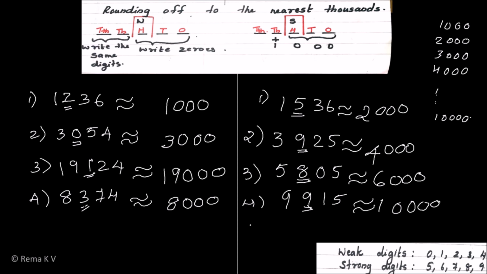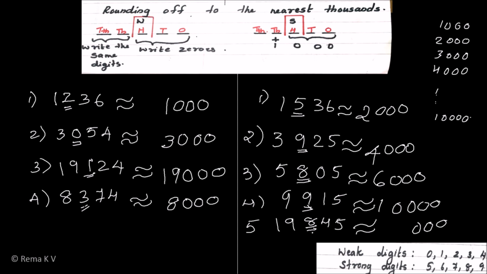Now another one. 19,845. So here in this also rounded off to ones place 0, tens place 0, hundreds place 0. So here check the hundreds place digit.